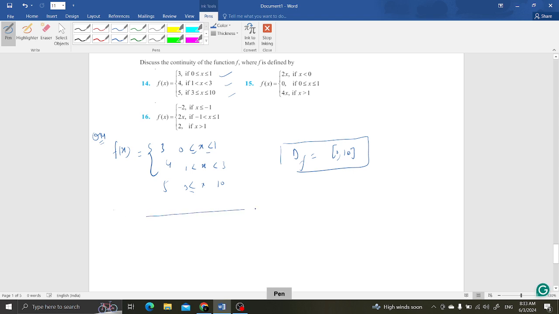Suppose here you have 0 and 1. Now open 0, close 0, open 1. Then at 1, this is your second part, this is your first part. And after that, open 1 to open 3.